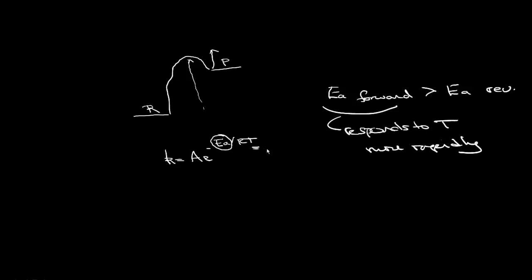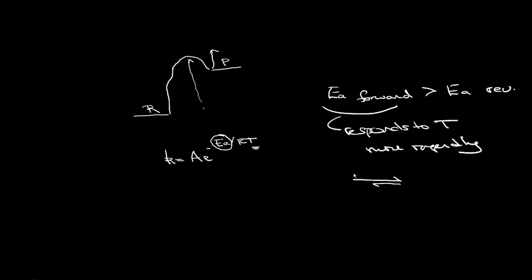That is, temperature has a bigger effect on the forward reaction than the reverse reaction. So in an endothermic reaction, when you increase temperature, that causes a disproportionate increase in the forward rate of the reaction, so that the arrow on the reaction arrow looks like this when the temperature is increased, but the reverse arrow doesn't increase as much. Okay? So in other words, forward reaction rate increases, a shift to the right in the chemical reaction.